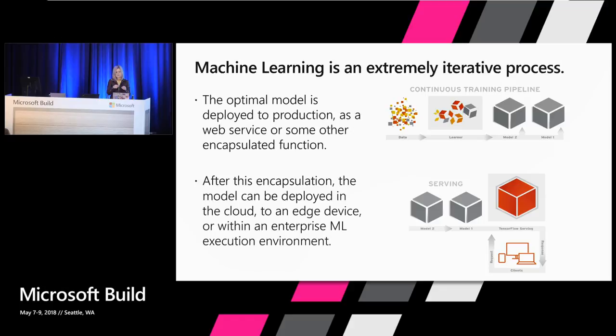Then you would have this very crisp, defined entity that a software engineer can ping, just as they would ping a cognitive service, in order to call the model and get back some kind of inferencing result. And an inferencing result is just cat 75% sure, or dog 82% sure, something of that nature.